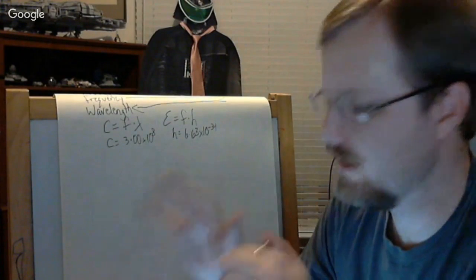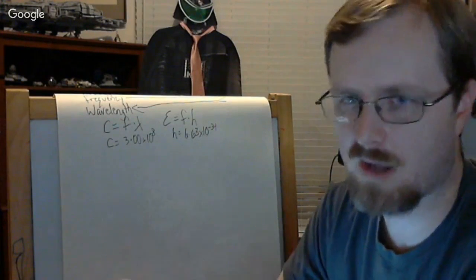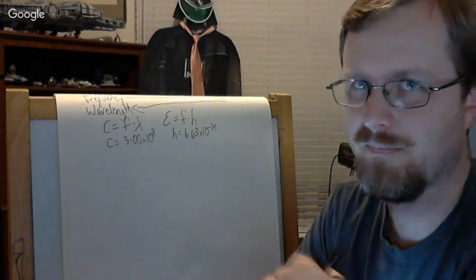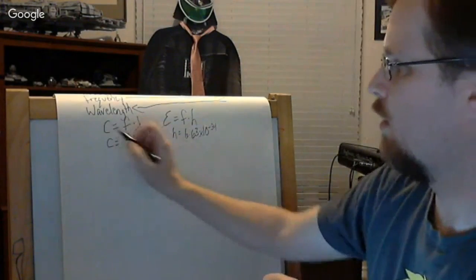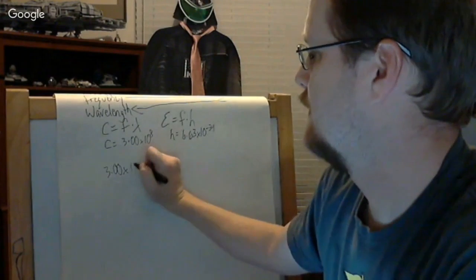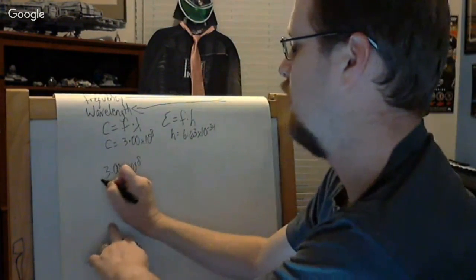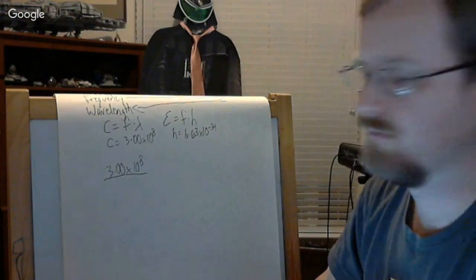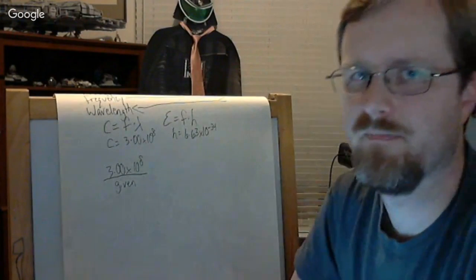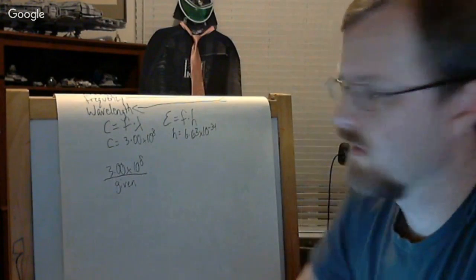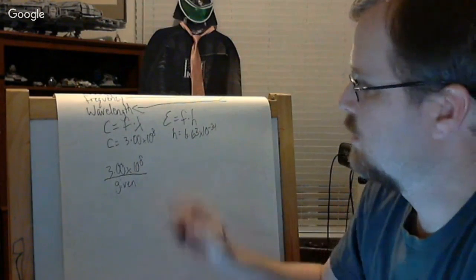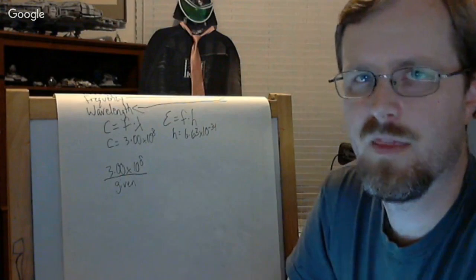You will always take c, which is 3.00 times 10 to the 8th power, and divide it by whatever number is given to you. 3.00 times 10 to the 8th divided by the number given to you in the question will always give you the answer that you need.